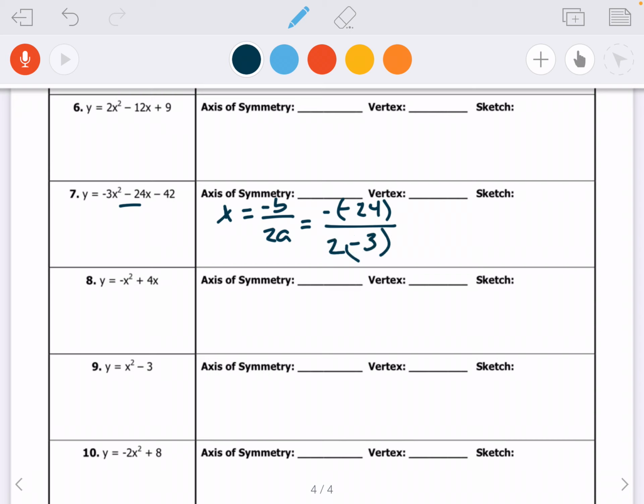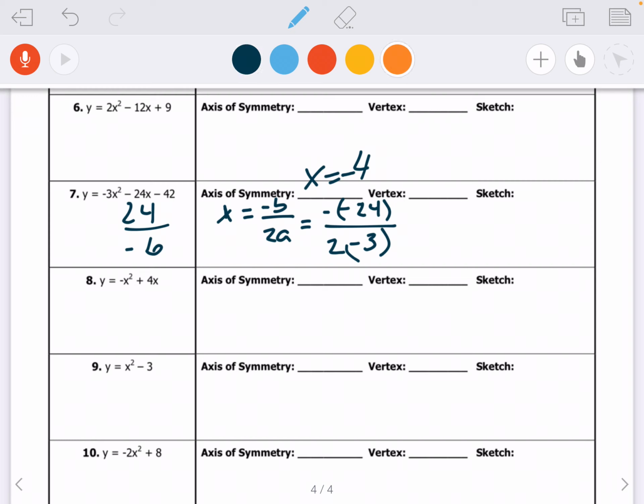So when I simplify this, we get 24 over -6, and 24 over -6 is -4. So we have x equals -4. Just by coincidence, it was -4 again.